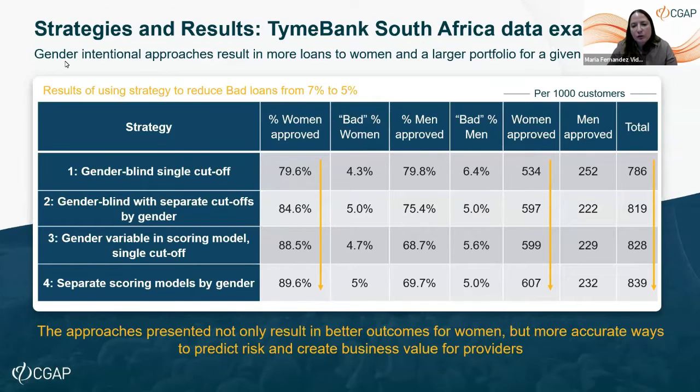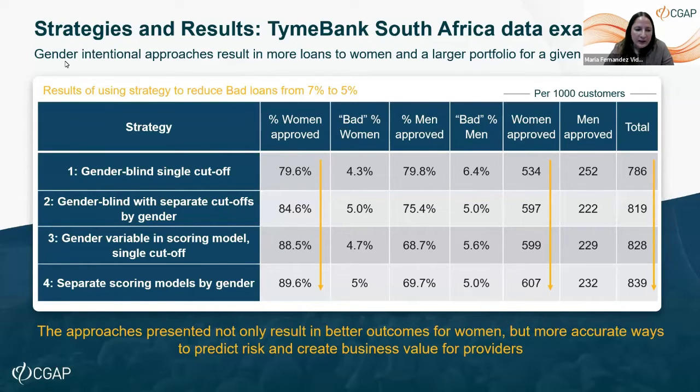You could keep your portfolio size and just use this to see what the difference is. You would see that for the same portfolio size, the higher strategies just have lower total risk. So either by lowering the risk or by increasing the size, as you move down these strategies, you're getting better value as a provider, in addition to the higher lending to women.